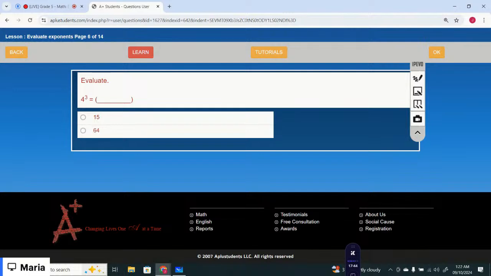The next one is 4 exponent 3. So how do you evaluate it? Which is the correct option?